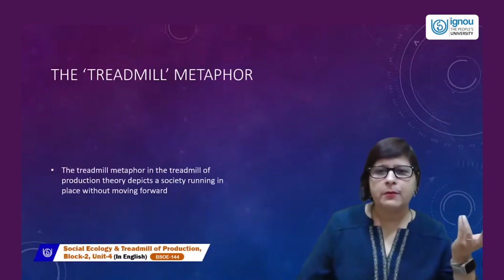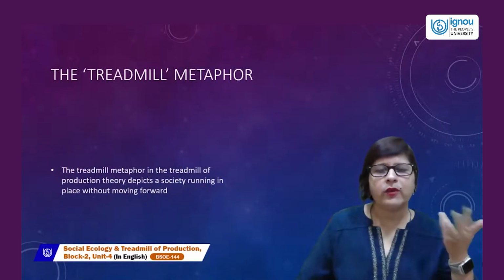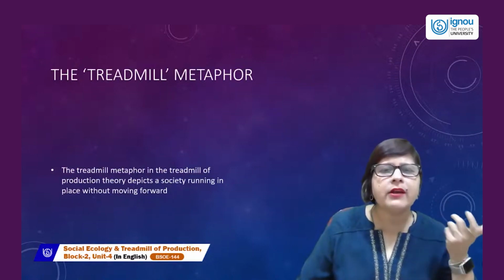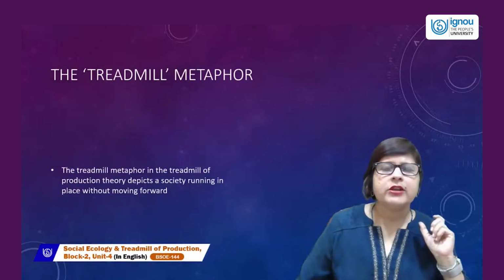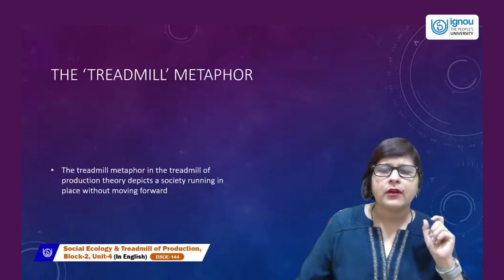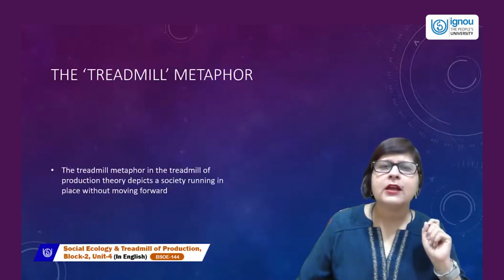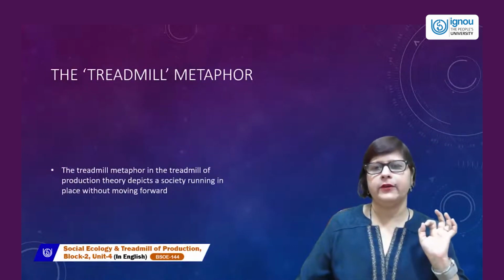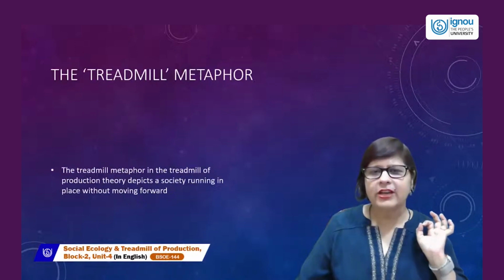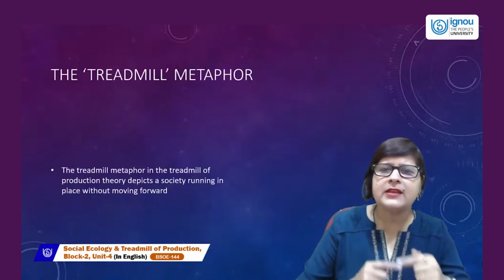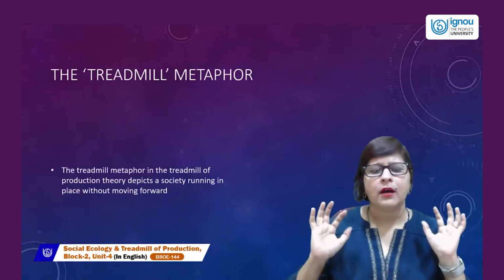What is the treadmill metaphor? Treadmill means what? Why have they used this term treadmill? The treadmill metaphor in the treadmill of production theory depicts the society running in place without moving forward.